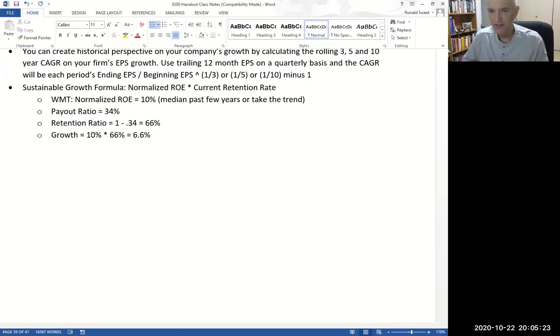Not very good. The actual growth in earnings has been more like 2%. So these various methods can give you radically different answers. Ultimately, there is no source for future growth. It doesn't exist.